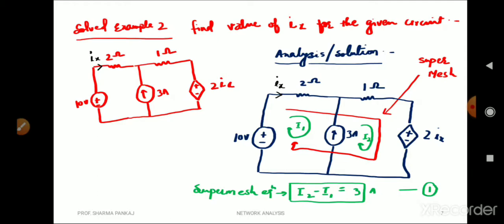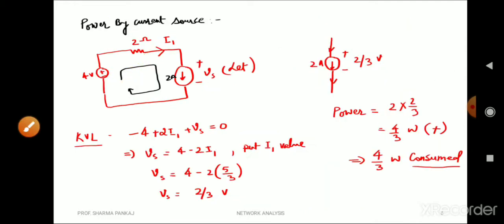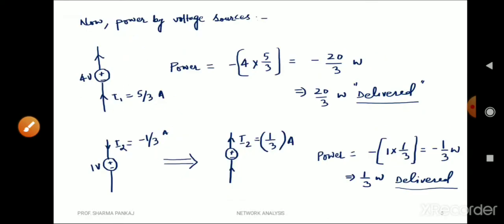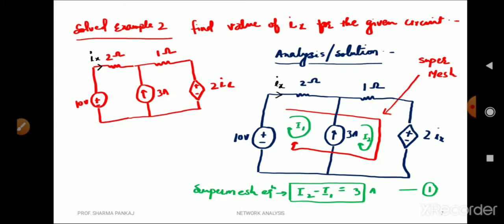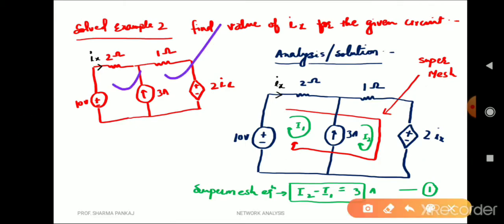The condition is that this problem is to be solved by super mesh analysis. Why? Because a current source is here which is common to these two loops, loop number 1 and loop number 2.